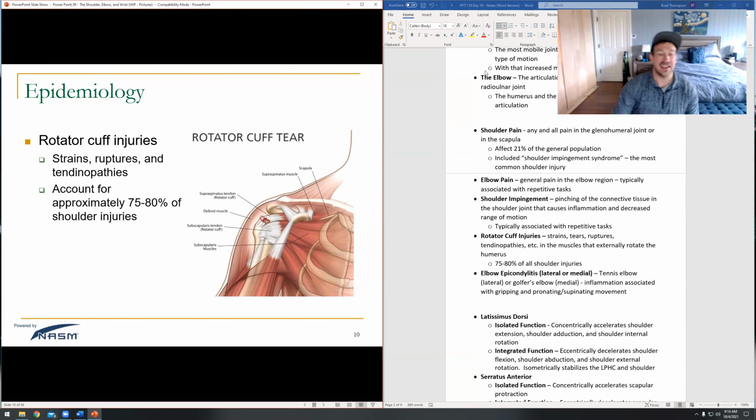All right, next one we got rotator cuff. Rotator cuff injuries, very, very common here. If you've ever torn one of these, it's so funny because a lot of times it can be something traumatic, like an injury while you're trying to grab something or stabilize something. And then sometimes it could literally just be, I had a client describe this to me.